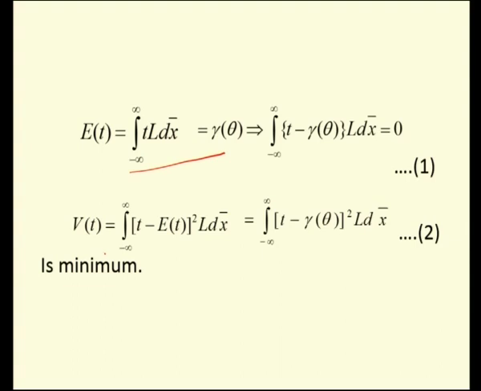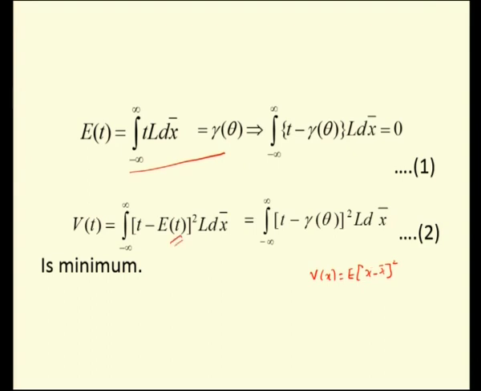Next, the variance of t is nothing but the integral from minus infinity to plus infinity of t minus E of t the whole squared, L dx bar. So the general form of variance of x is the expectation of x minus x bar the whole squared. Here, instead of x we have t, and x bar is nothing but the expectation of x.